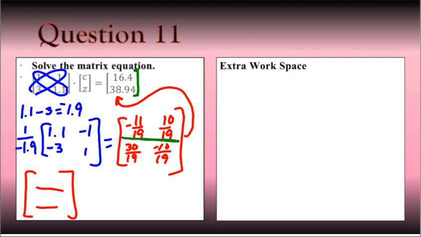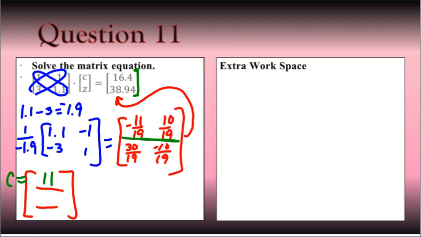So I'm going to take negative 11/19, and I'm going to multiply that by 16.4. And then I'm going to add to that 10/19 times 38.94. and I get 11. So that one is telling me right now C is 11.